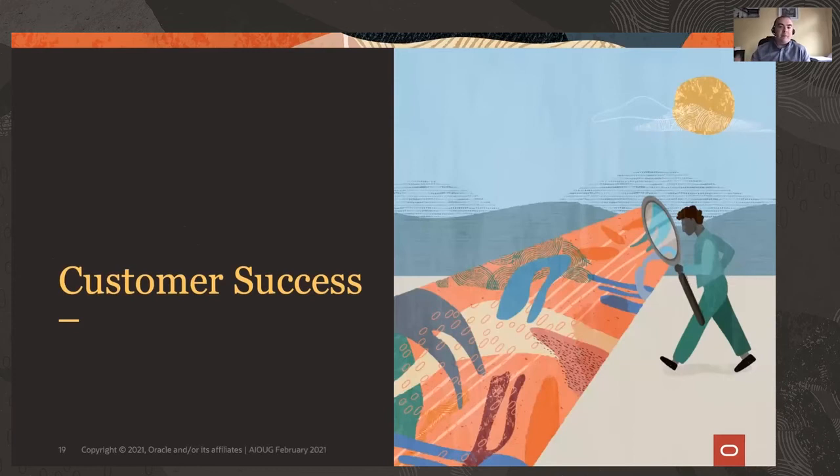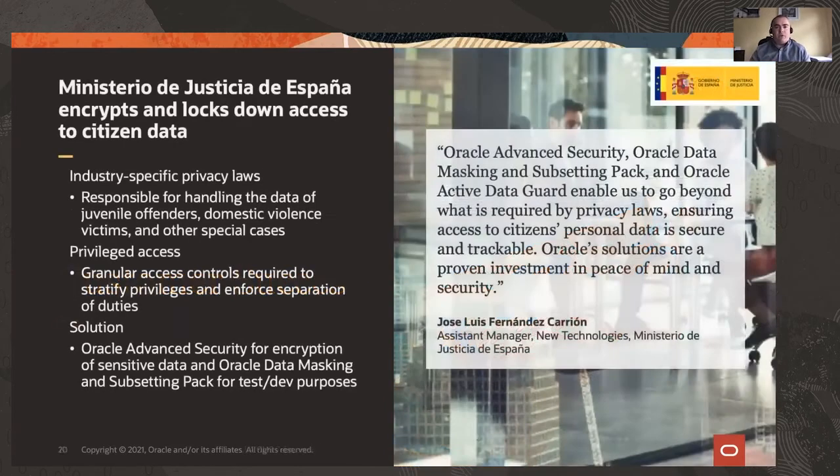Just before we move on to the demo, a couple of real-world scenarios, real-world customers that are using these products, just to show it's not purely conceptual stuff. The first one, the Spanish Ministry of Justice, has a centralized system and several regional systems, and everything needs to copy into the centralized system.